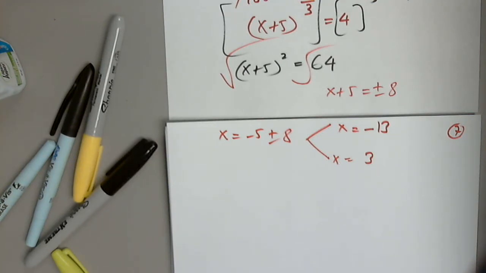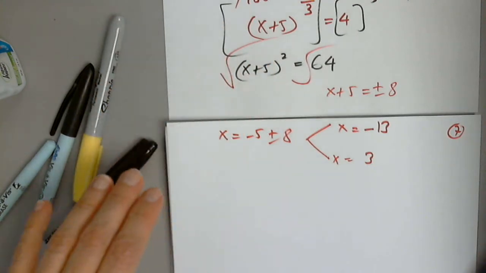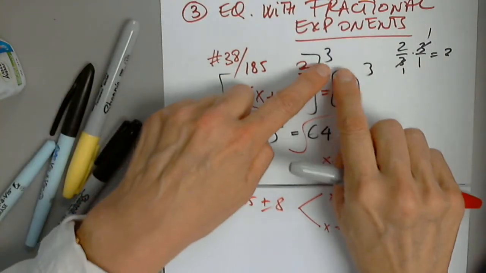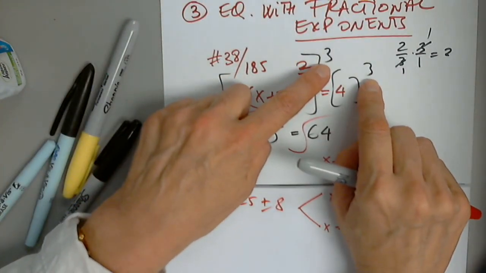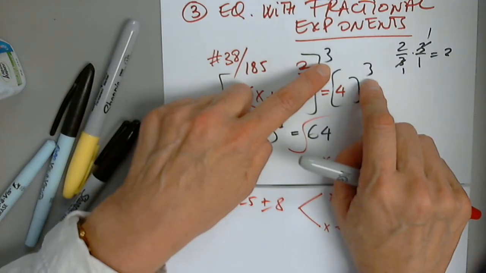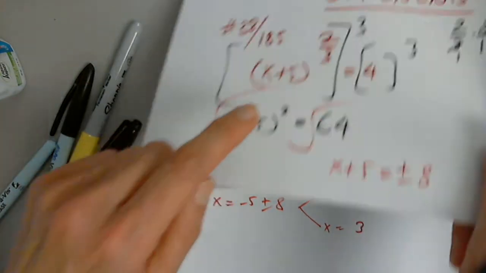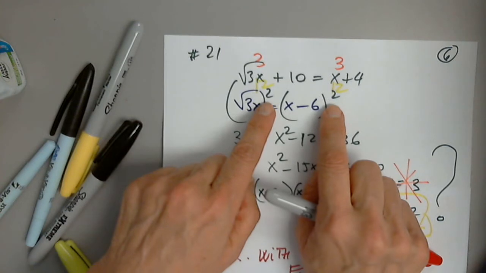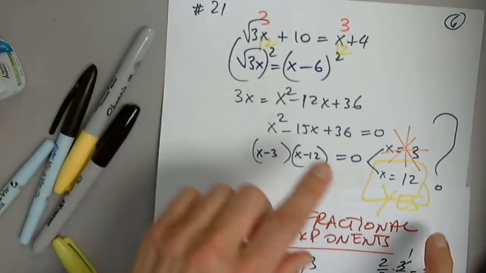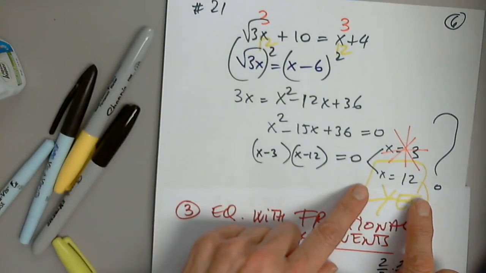Whenever we raise both sides to a power, not when we take the square root or the cube root, but when we raise to a power, we should always go back and check. However, if the power we raise both sides to is odd, the solutions will always work. If the power is even, they may or may not.